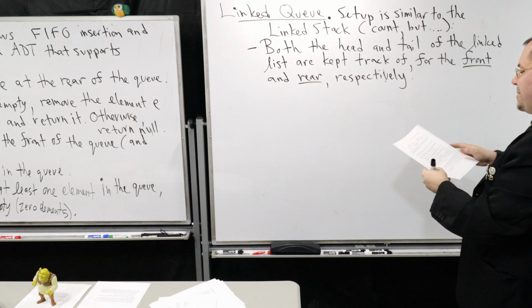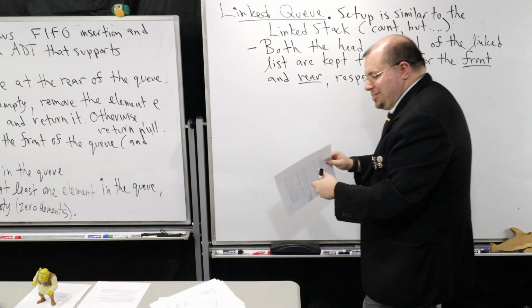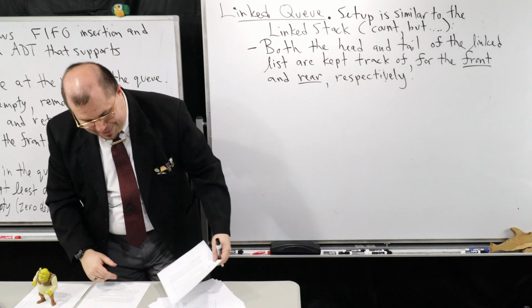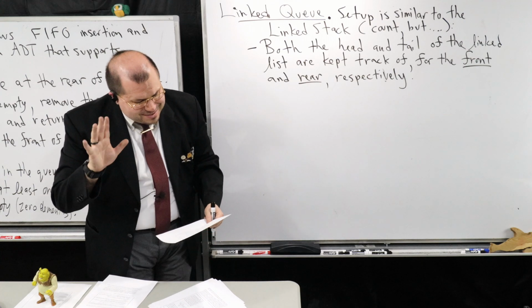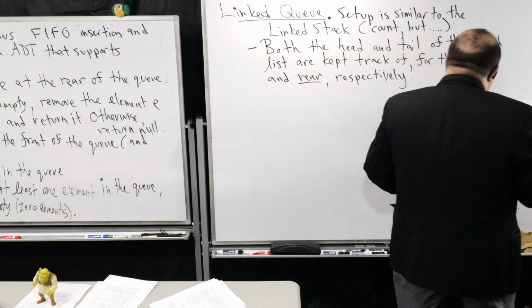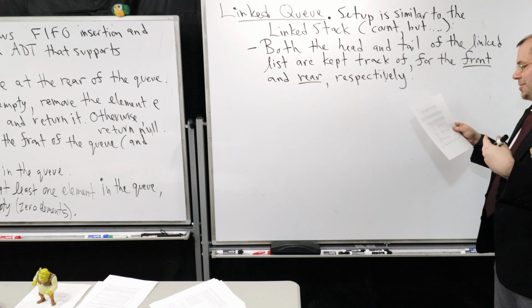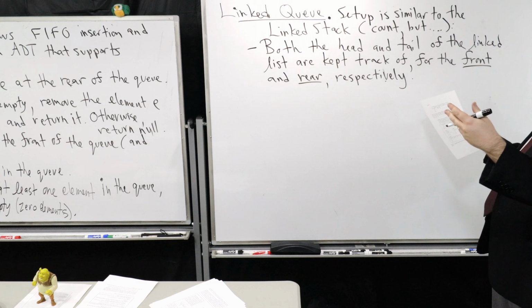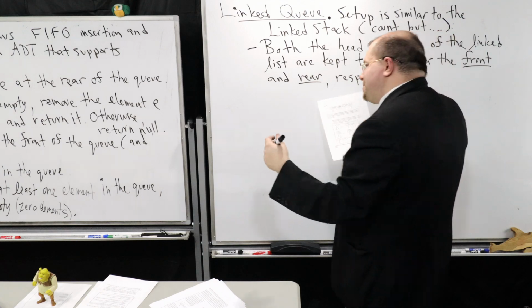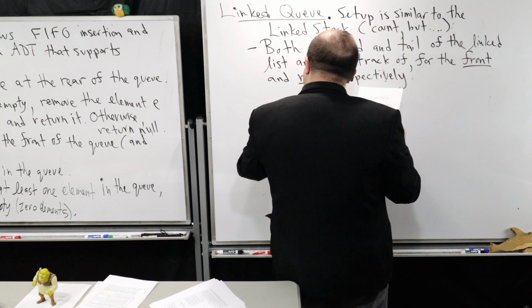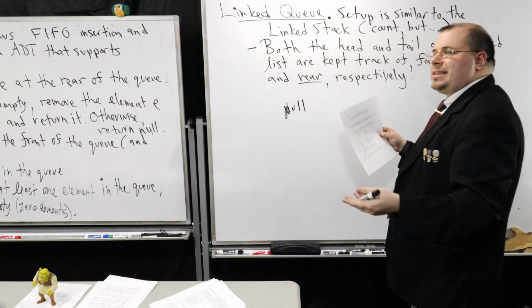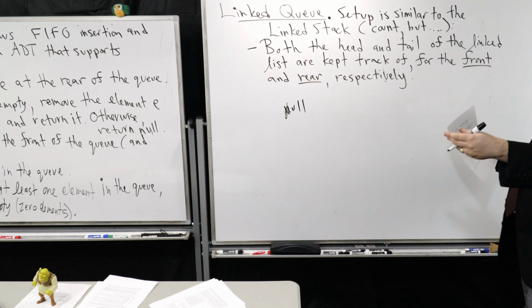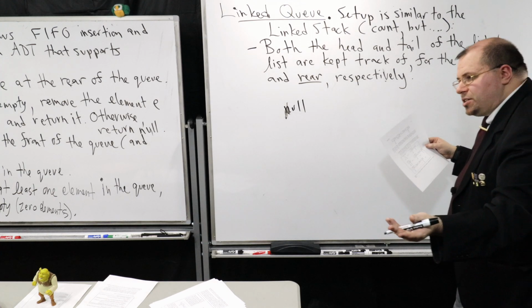Now, let me draw. I feel like the best way I could do this is just showing you how it works. So I'm going to draw some fun pictures, because I think that's usually the easiest way to see it. So I'm going to initially start off with an empty queue. Remember in the link stack, I had it where top was pointing at null, and I had a count that was 0, right?